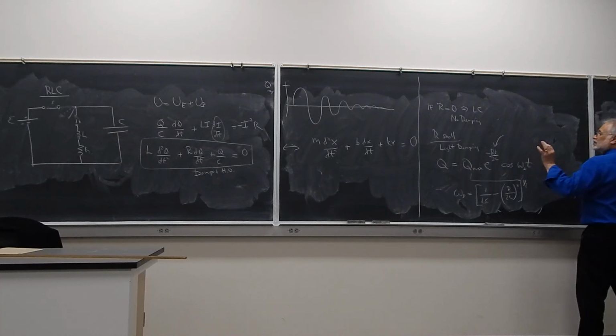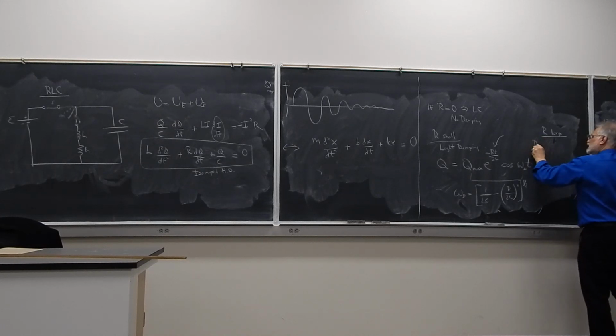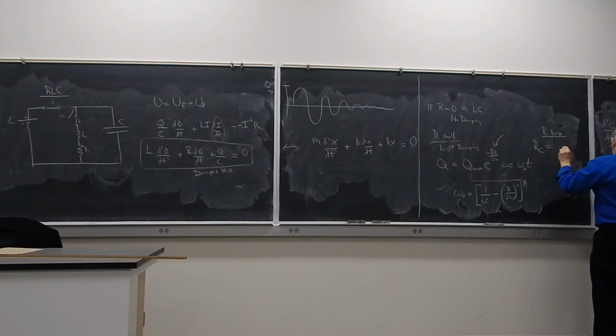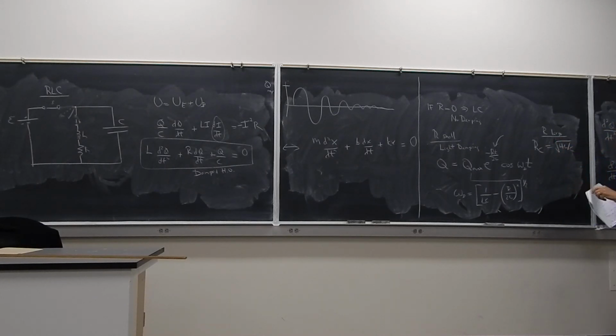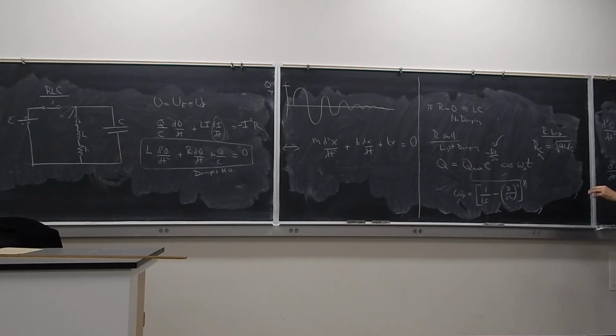The other case, the most extreme case, is if I have R large. So now we have an overdamped function. I can write R_C is equal to the square root of 4L over C, which is a critically damped resistance.